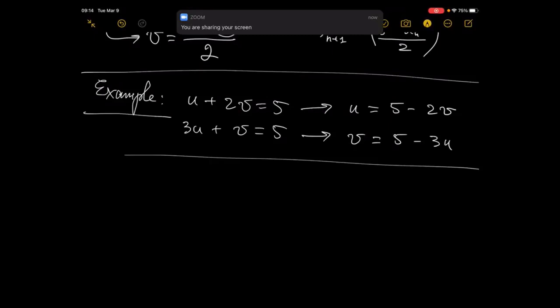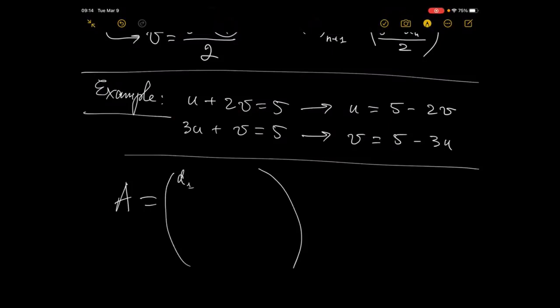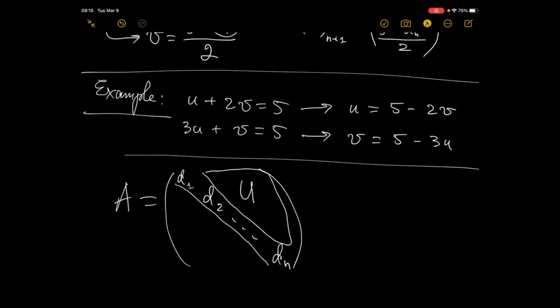So essentially, your matrix A can be represented as your diagonal elements, right? Then this is the U part of the matrix, and these are the L part of the matrix.